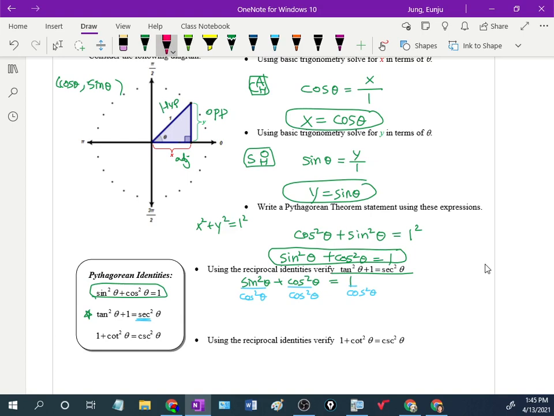From the first term, what do I have? Tangent squared of theta. From the second term, what do I have? 1. And the third one on the other side is secant squared of theta. So this is derived from the Pythagorean identity. This is a different way of writing the same thing.